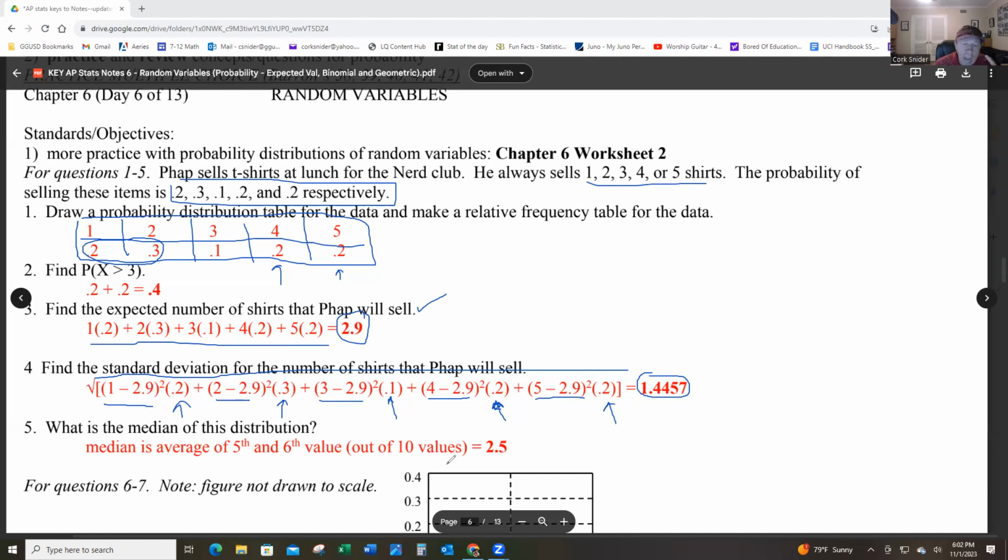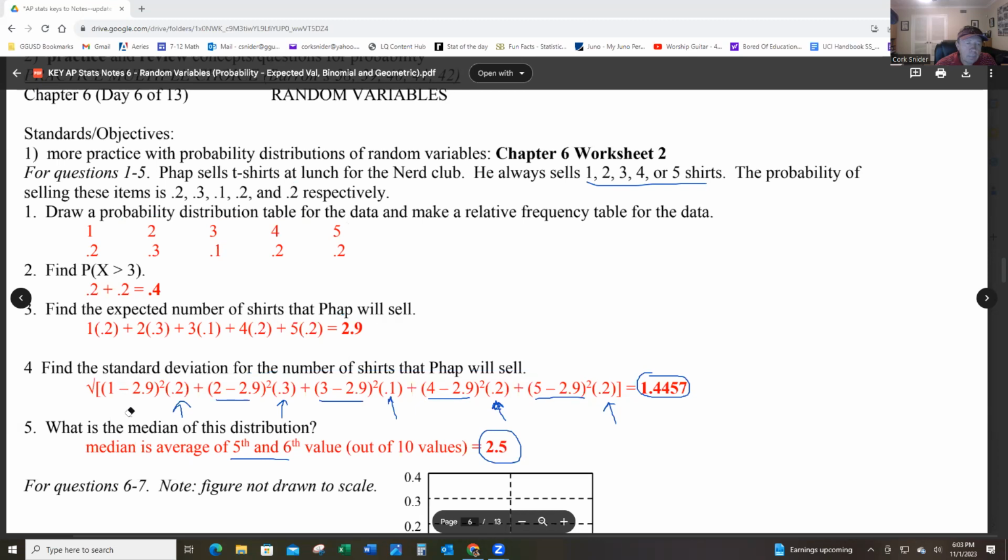So the median is actually the 5th and 6th values added up out of 10 values, which is 2.5. Most of the time, it doesn't work that way. Usually, it's just one of the numbers. It happens to be a number that's not in the table because only 1 through 5 are in the table. So the median is not a number in the table. That can actually happen. Okay. Erase all this. Good. Easy. There we go.